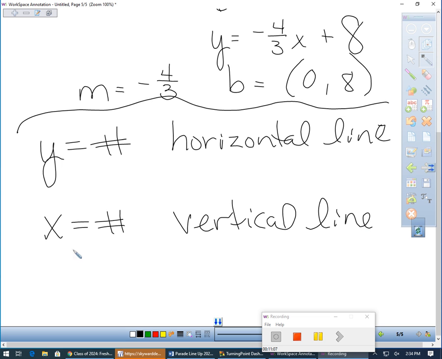A horizontal line. The slope for a horizontal line is, does anybody remember? If I have a line that goes like this, what's the slope? Okay, 0. Very good. Remember I used to tell you, imagine it was one of those racetracks you had when you were little and you put a car on it. And it doesn't go anywhere, so its rate of change or its slope is 0, right?